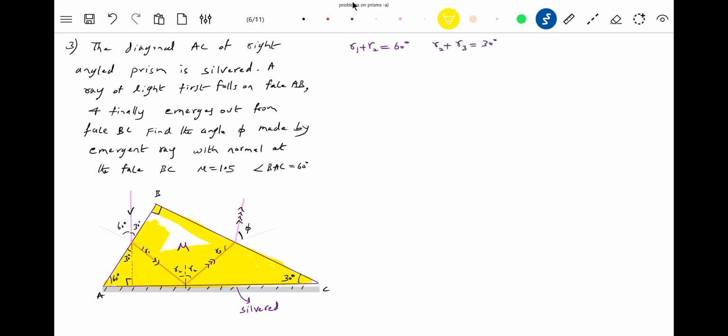Fine. Now, what do we have to do? We have to write the first relationship between the angles. Already I brought some angles.